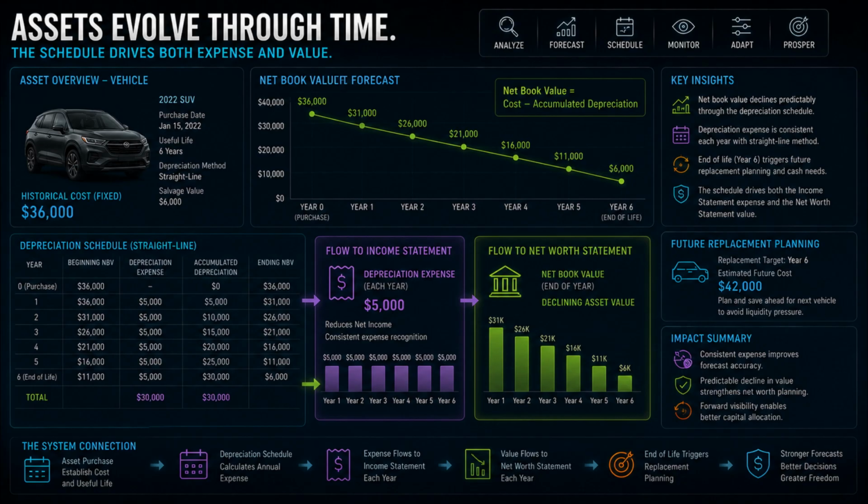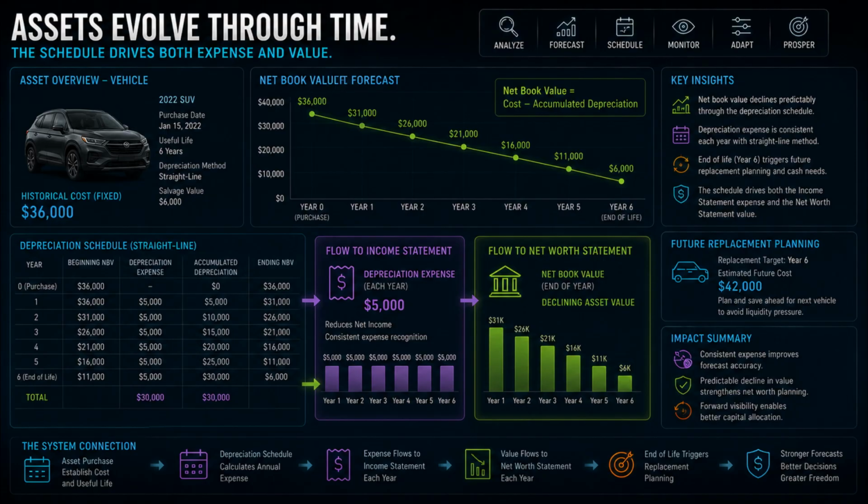Now we apply the same logic to productive household assets. For example, vehicles. The original historical cost of the vehicle may remain unchanged, but net book value changes through time through accumulated depreciation, meaning the depreciation schedule determines depreciation expense on the income statement and the net book value on the net worth statement.